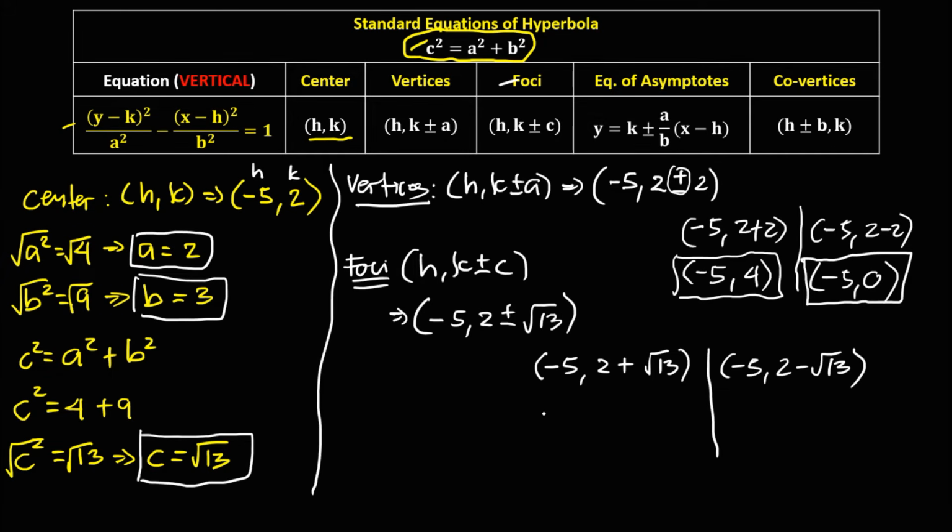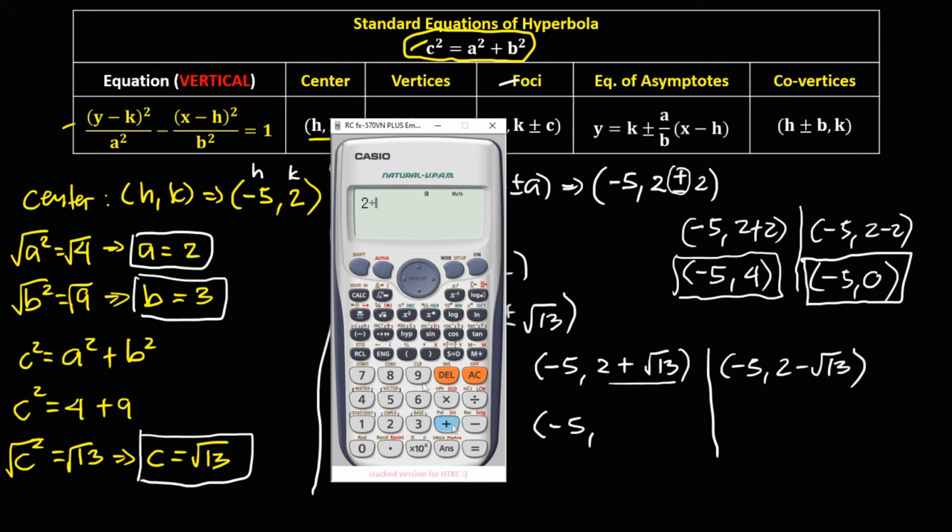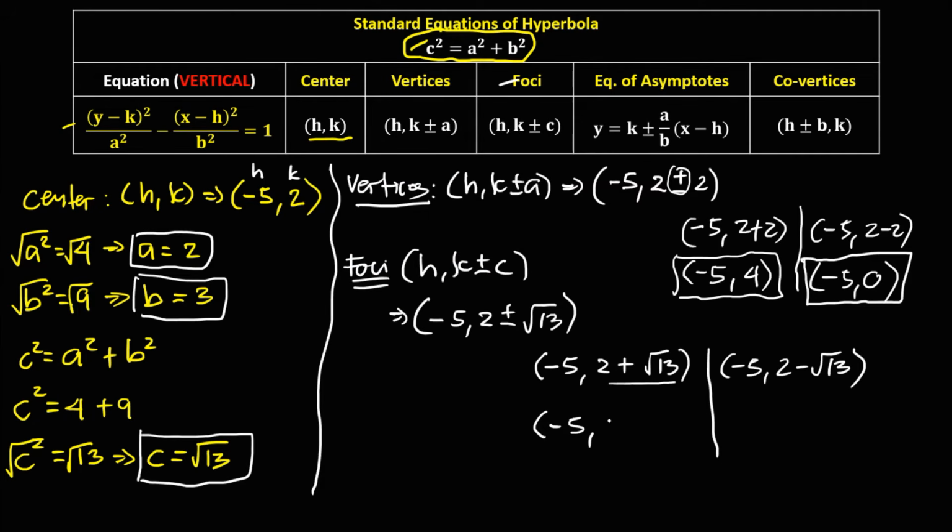Then to find the value, we have negative 5 and 2 plus square root of 13. So that's 5.61. So this is the first coordinate for the focus.